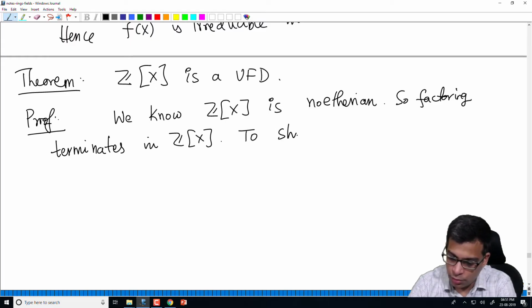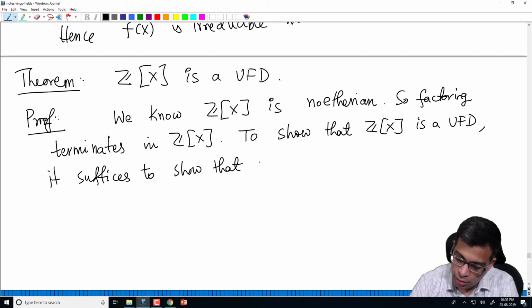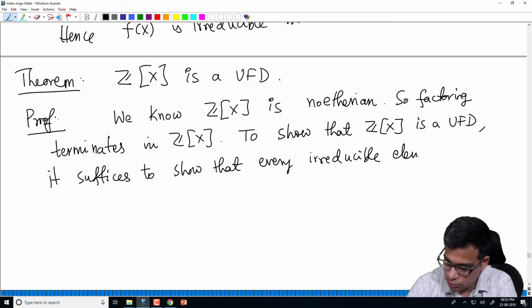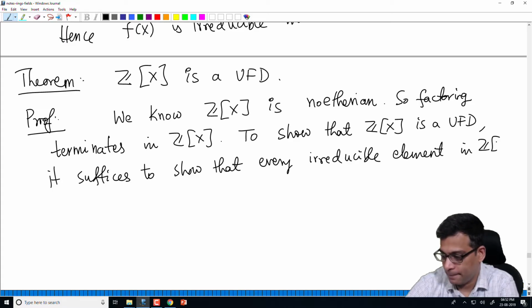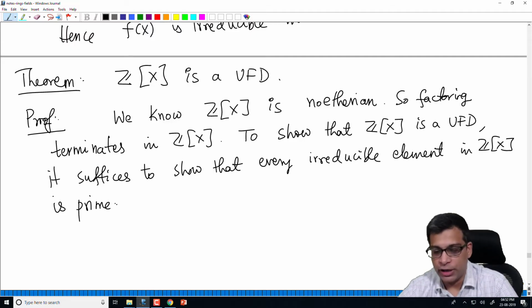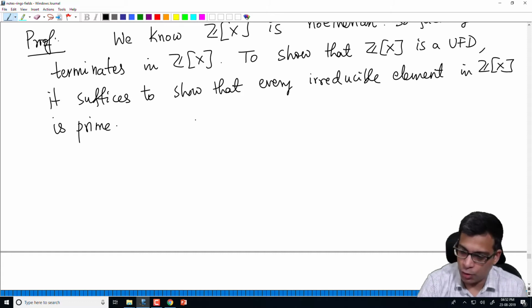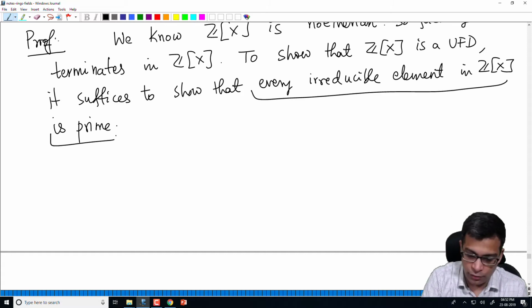To show that Zx is a UFD, it suffices to show that every irreducible element in Zx is prime, right? This is also something we did in the previous video. In an integral domain where factoring terminates, that integral domain is a UFD if and only if every irreducible element is prime. So we are going to show that every irreducible element of Zx is prime.